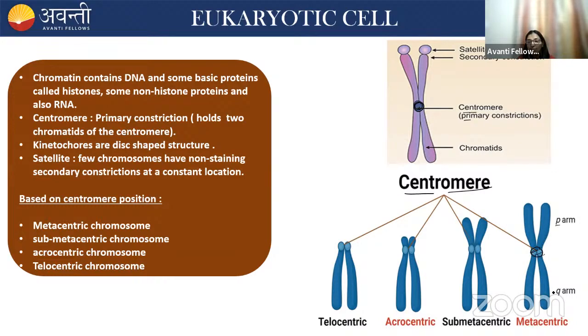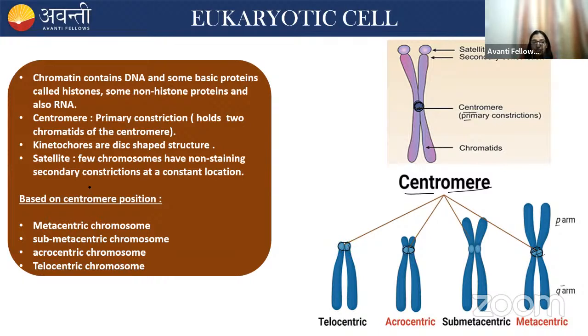That means the length of the P arm and the Q arm are equal because the centromere is present in the center. In submetacentric, the centromere is slightly away from the center. When the centromere is present slightly towards the terminal end, it is known as acrocentric. And when the centromere is present at the terminal position, the chromosomes are known as telocentric.